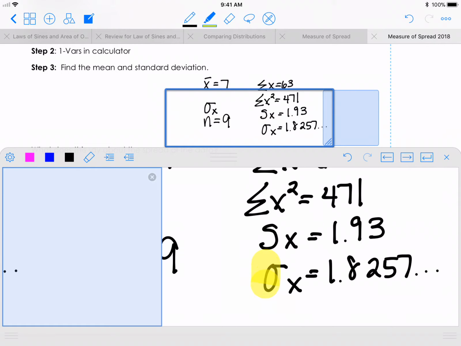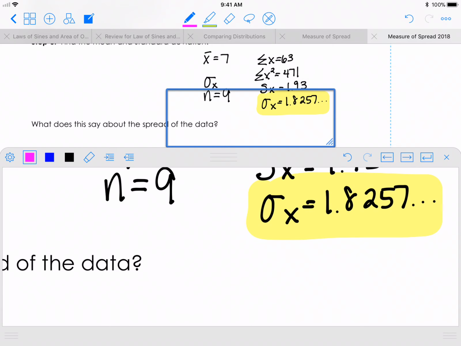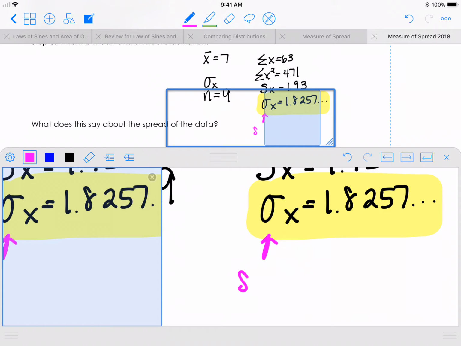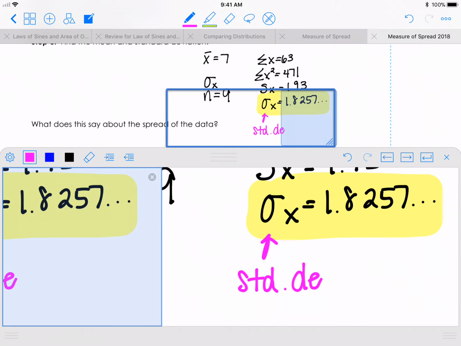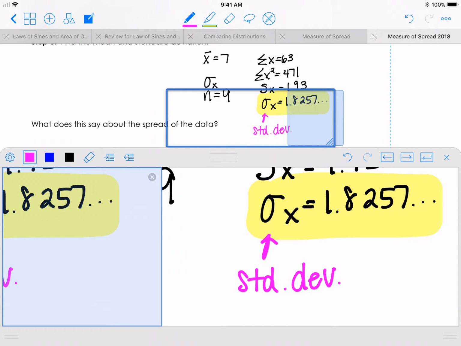Okay, so this is the one we're looking for, standard deviation. Remember I told you standard deviation is a sigma, so this is the abbreviation for standard deviation. Okay, so that's what we were looking for here.